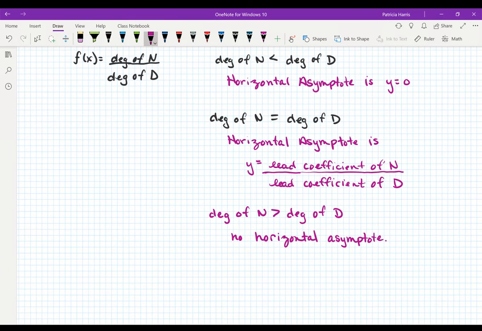You have a slant or oblique asymptote. And in our next video, we'll get into those. Okay, so again, several videos, going slow, see how it goes. Okay, all right, we'll talk about slant or oblique asymptotes on our next video.